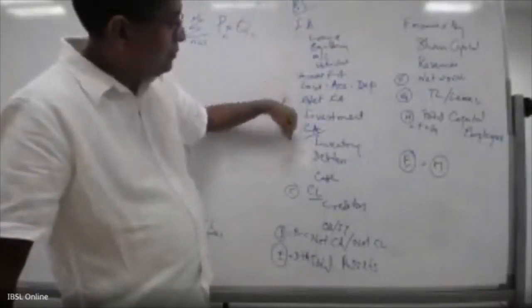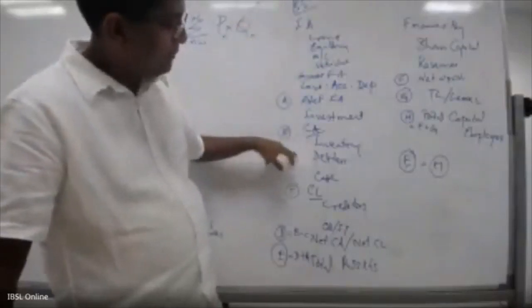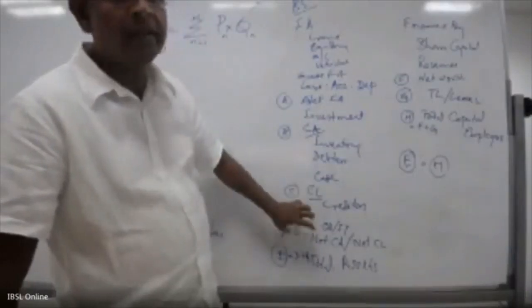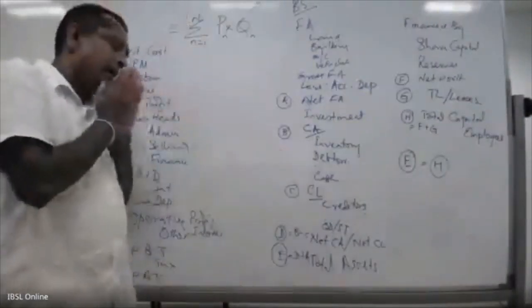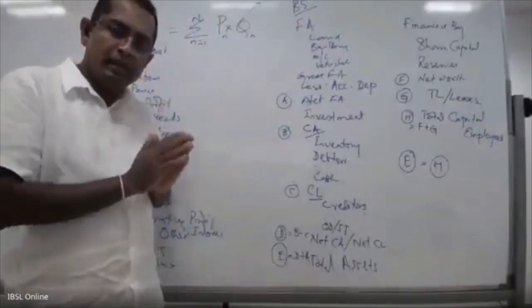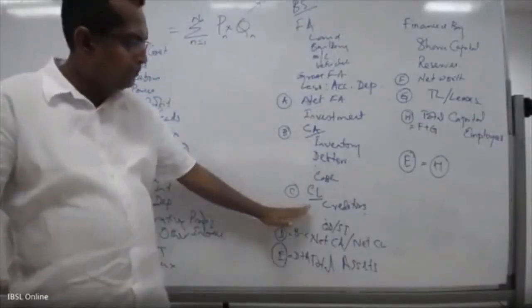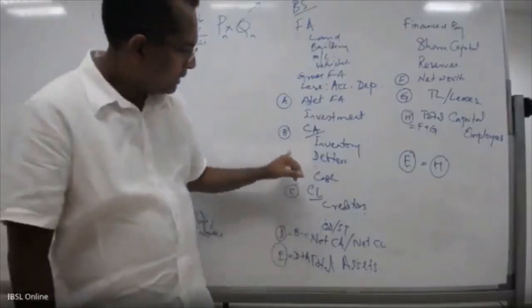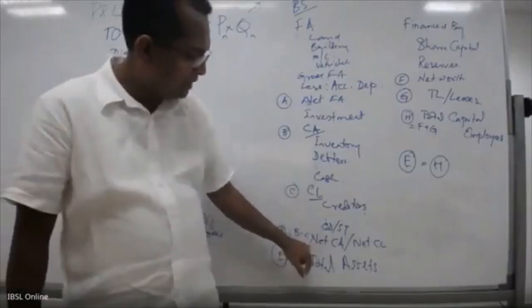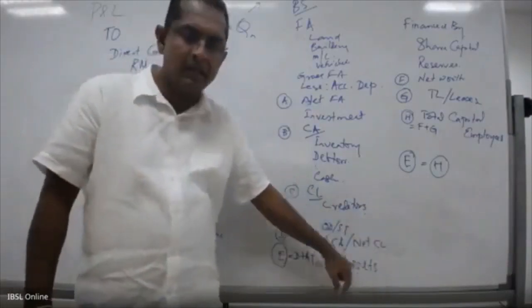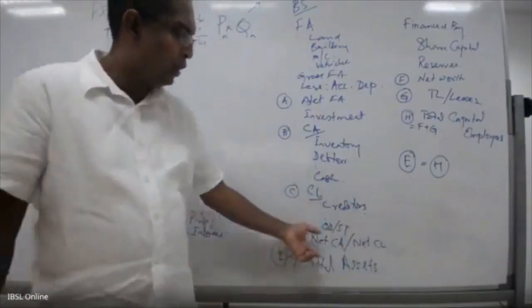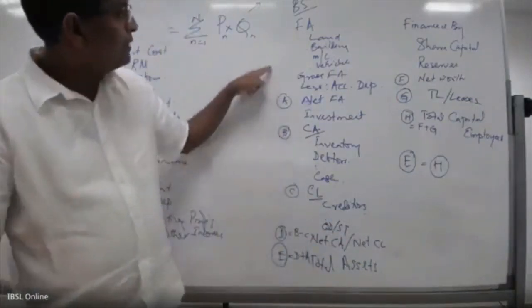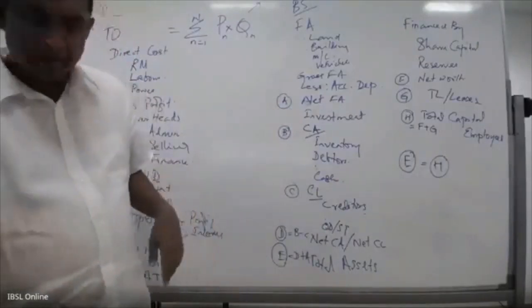Then you have creditors, which are current liabilities. Any liability which needs to be settled within 12 months, we write under current liabilities. Current assets minus current liabilities is the net current assets or net current liabilities. Again, we call it the working capital. Then fixed assets. Sorry, there's another one.